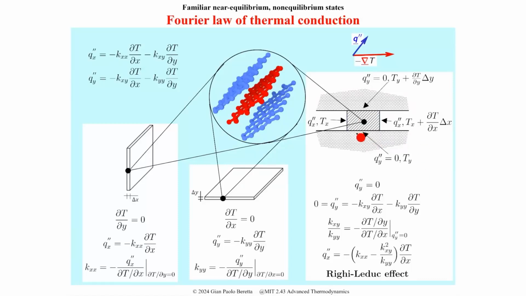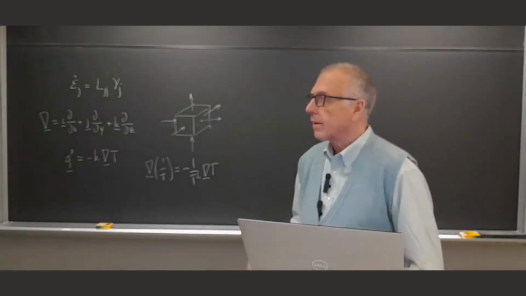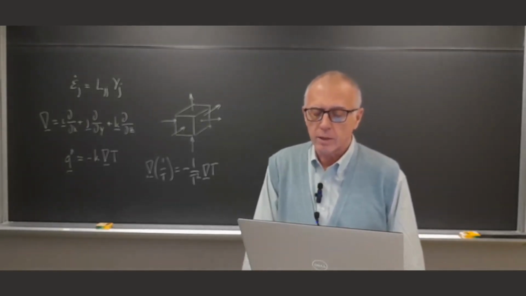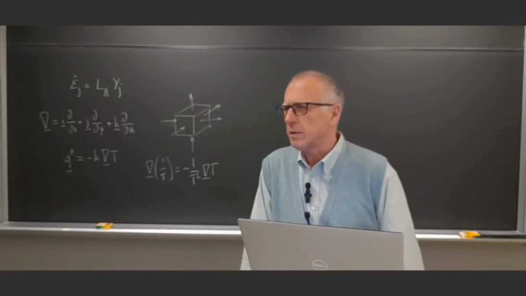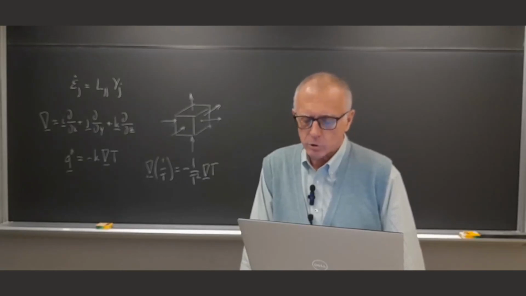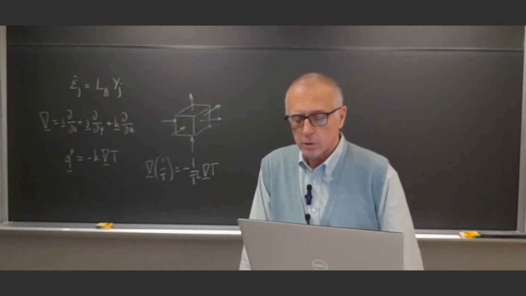All right, so this is also called the Righi-Leduc effect, which was discovered before the Onsager theorem. Many of the things that are rationalized by the Onsager reciprocity theorem were actually discovered independently, and sometimes not even connected to one another, by various researchers in the 19th century.